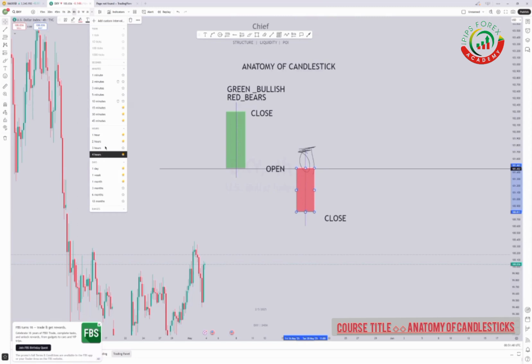So this time frame is the duration, that period when each candle will open and close. What do we mean? It means on the 4 hour, every candle you see there will take 4 hours to open and close. If you go down to 1 hour, it means every candle on that time frame will take 1 hour to open and close, on the same pair. Do we get that?